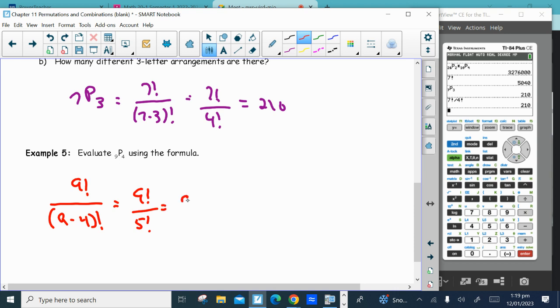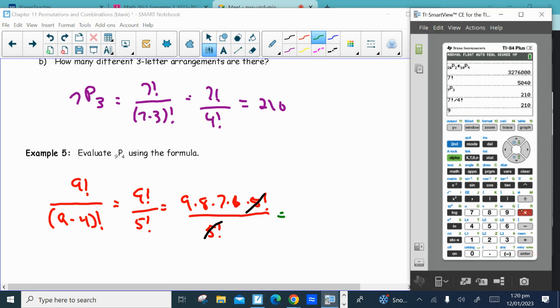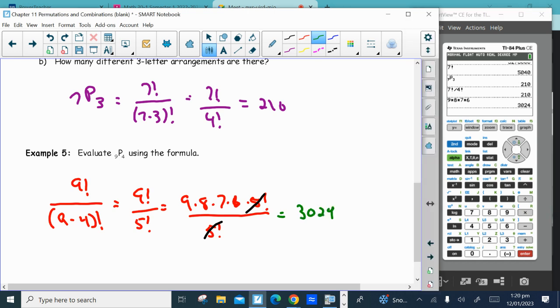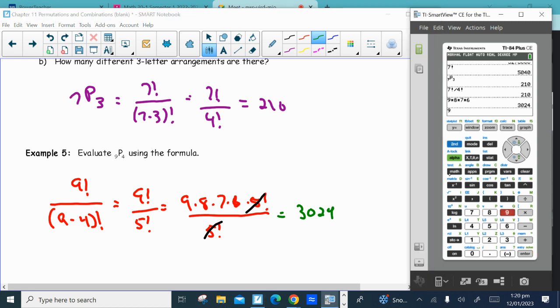We could simplify this. 9 factorial means 9 times 8 times 7 times 6, and we could keep going, but we would stop at 5 and put a factorial on the end because that's what we have on the bottom. 5 factorial, they cancel, and you're left with 9 times 8 times 7 times 6, which is 3,024. You could definitely check that by doing 9p4. You get the same answer.